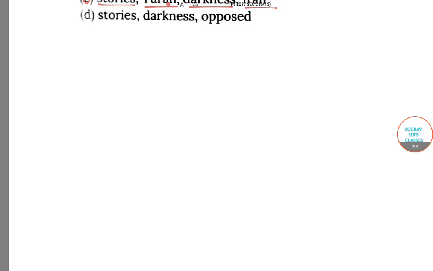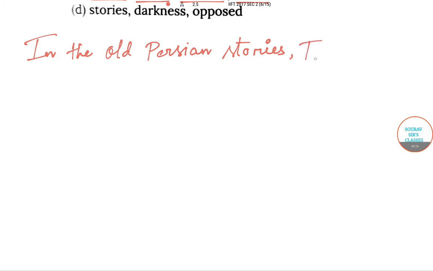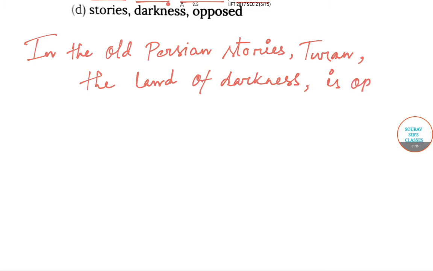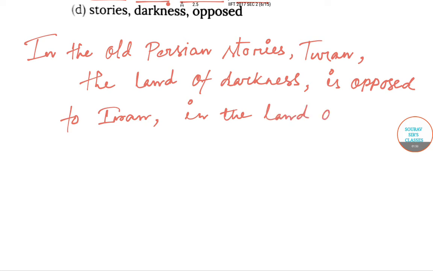So after inserting the commas, the correct sentence will be: in the old Persian stories, then a comma, Turan, then again a comma, the land of darkness, then put a comma, is opposed to Iran, then a comma, the land of lights.